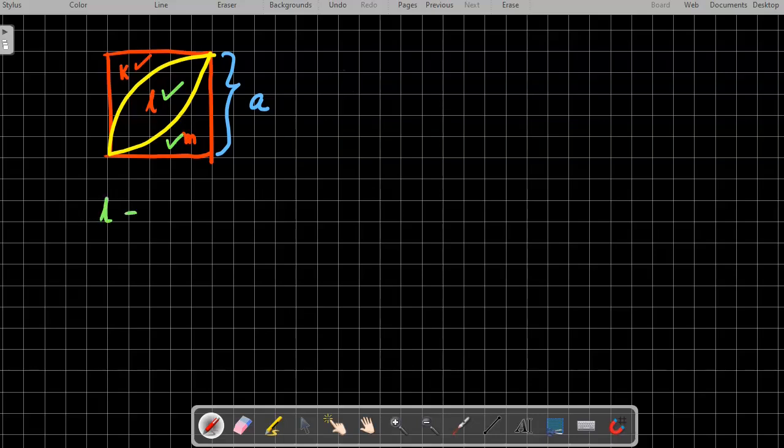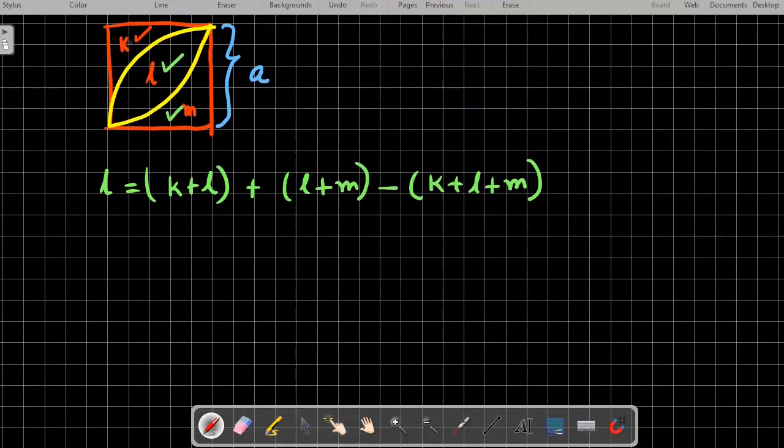So what is L? I can write L as K plus L plus L plus M minus K plus L plus M. Why? You see that K plus L, I write this as K plus L, then L plus M. So now we have here extra.